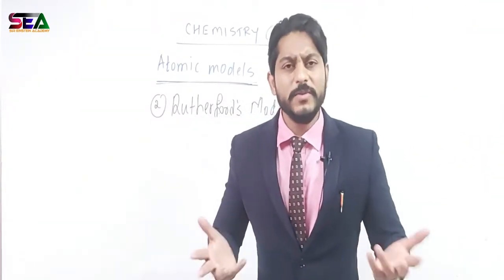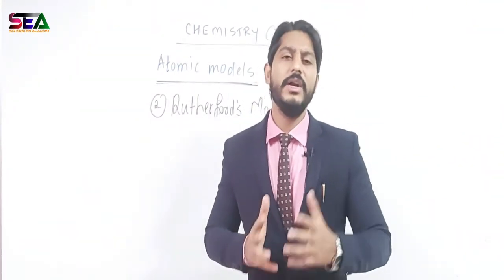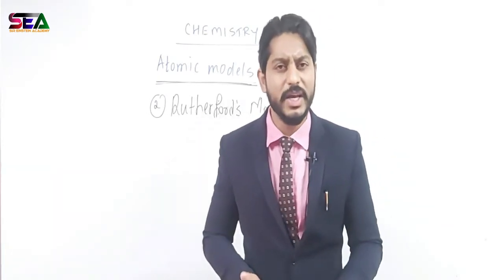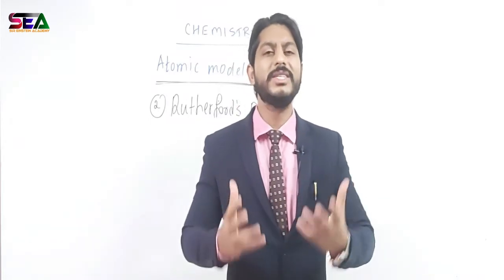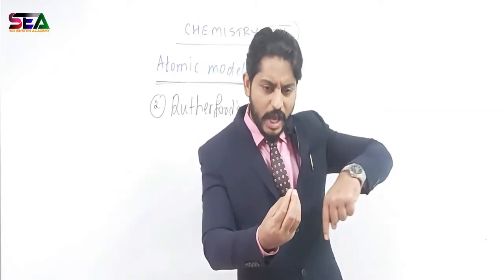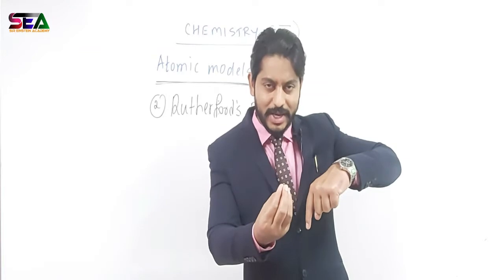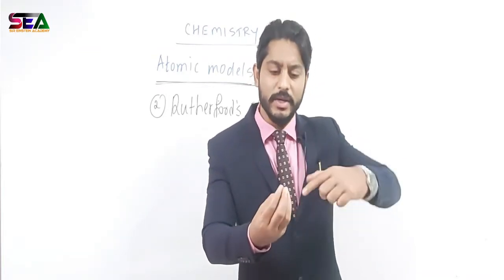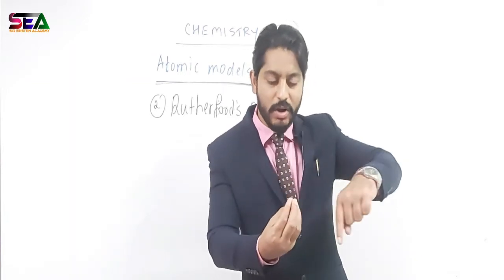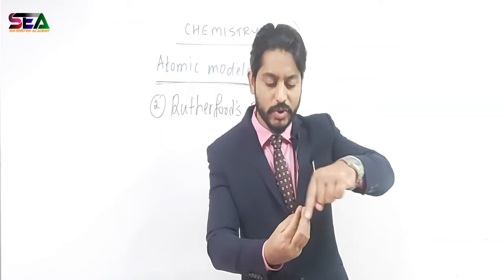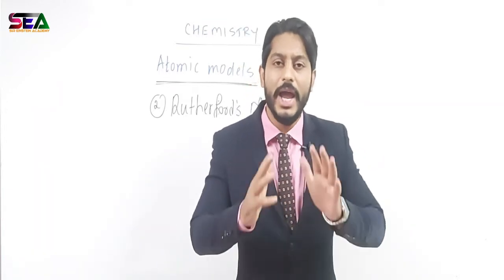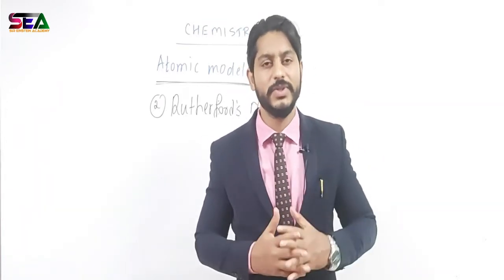Now, Rutherford's model also suffered from certain drawbacks or limitations. The first and foremost limitation of this model is that it failed to explain the overall stability of the atom. You can imagine, if an electron is revolving around the oppositely charged nucleus, as per classical concepts, the energy of the electron must dissipate, meaning it must lose energy, and the electron will fall and fall and fall closer to the nucleus, and finally it will collapse into the nucleus and the atom will cease to exist.